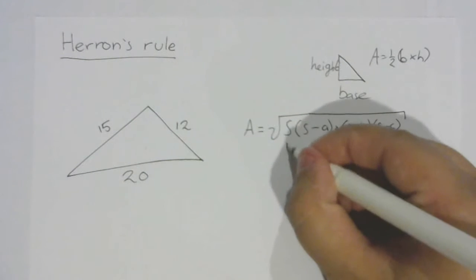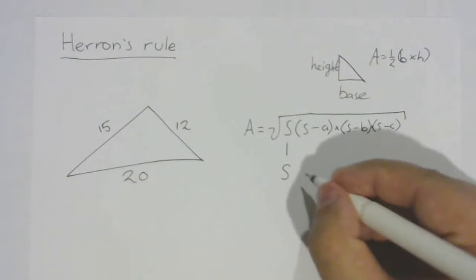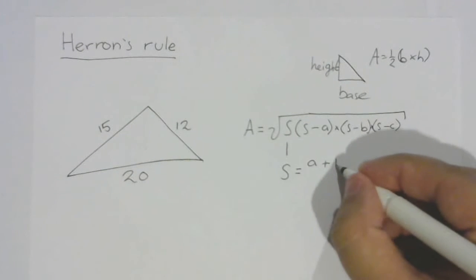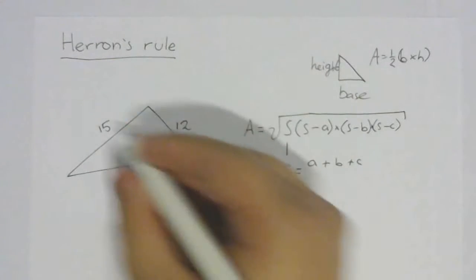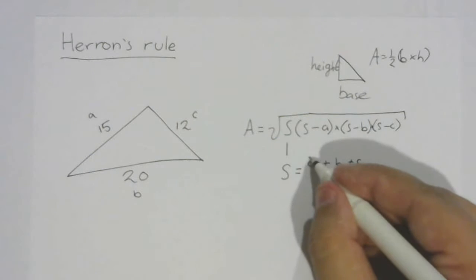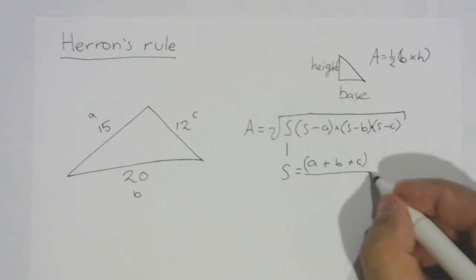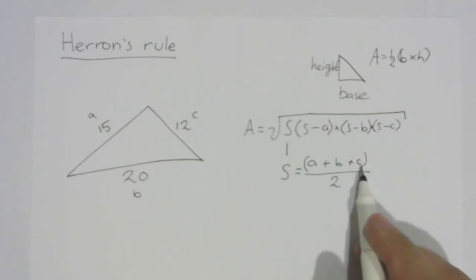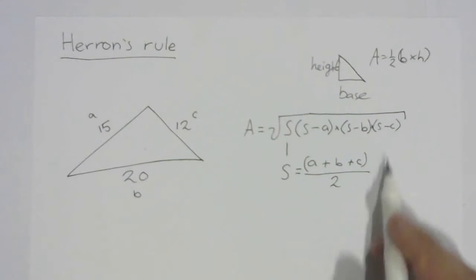And S is this special value known as the semi-perimeter, which is A plus B plus C, the three sides of the triangle, A, B, and C, in brackets divided by 2. So half of A plus B plus C, which is the perimeter. So semi-perimeter is S.